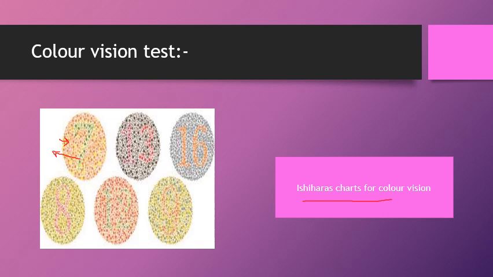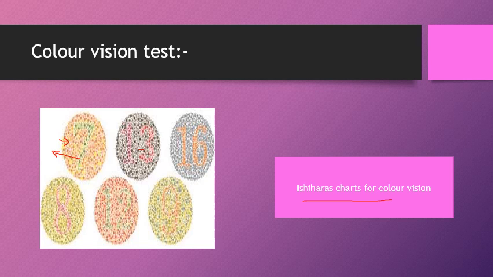We ask the patient each time to read the number present on the colored background, and we check whether he is able to read it. Each time the background changes, and the color of the number also changes from plate to plate.